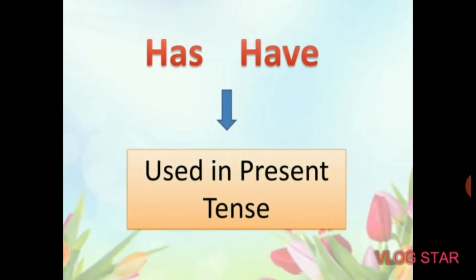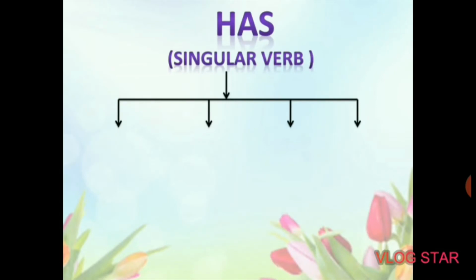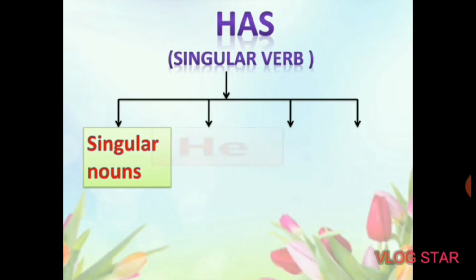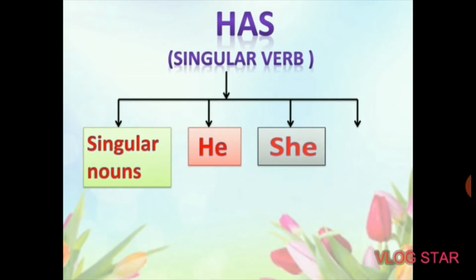Has and have are used in the present tense, means they show the possession in the present time. Has is a singular verb and it is used with the singular nouns and the pronouns like he, she and it.